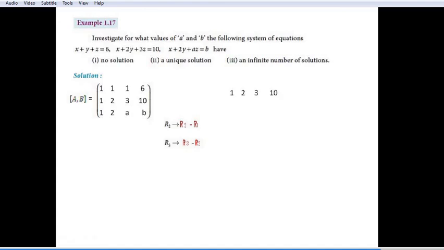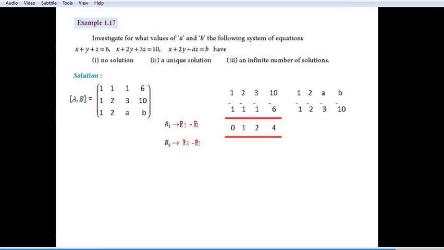R2 minus R1 means we take R2: 1, 2, 3, 10 and R1: 1, 1, 1, 6. For subtracting we change the signs. Now simplifying we get 0, 1, 2 and 4: 2 minus 1 is 1, 3 minus 1 is 2, 10 minus 6 is 4. R3 minus R2: taking R3: 1, 2, A, B and R2: 1, 2, 3, 10.